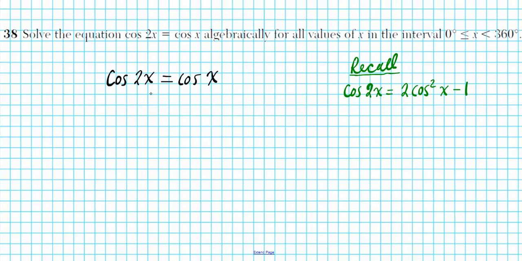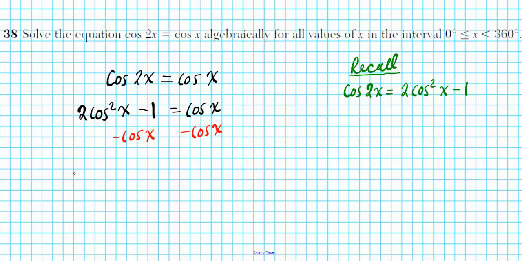All right. So let me make this substitution here to clearly illustrate what I'm saying. So when I take this cosine 2x out, I replace it with 2 cosine square x minus 1 equals cosine x. Okay, now I'm going to subtract cosine x from both sides of the equation. Why? Well, this is a quadratic equation. You might not see it yet, but it is. I'll make that obvious in a second, okay?